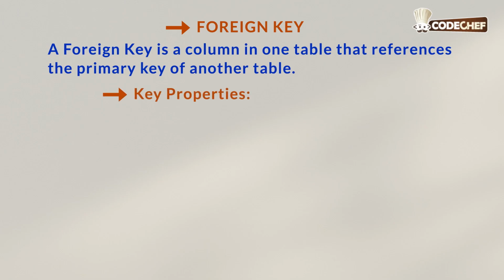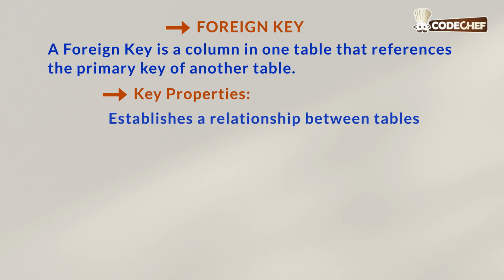Now what is the purpose of foreign key? First, it establishes a relationship between tables. Second, it maintains referential integrity. That means with the help of the foreign key, we can actually refer to the other table which has that column as its primary key.